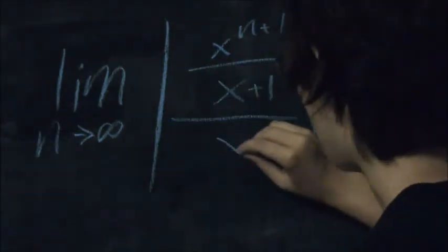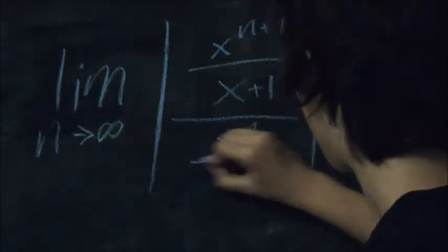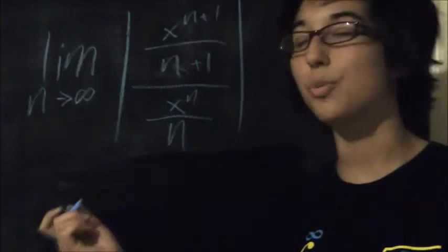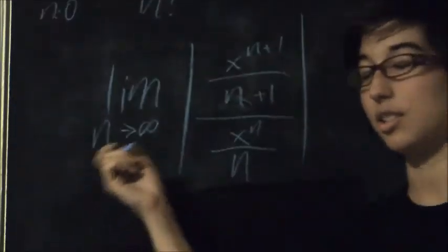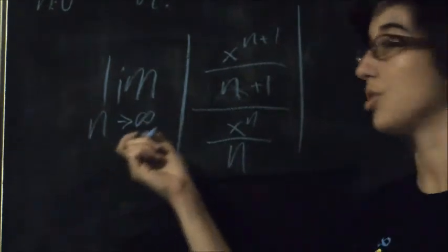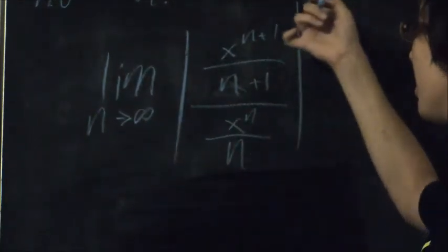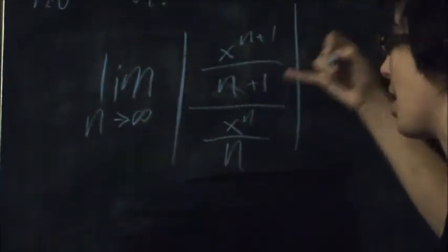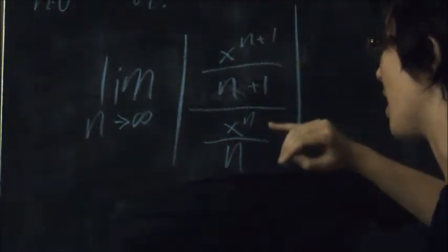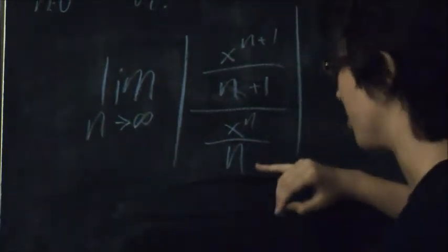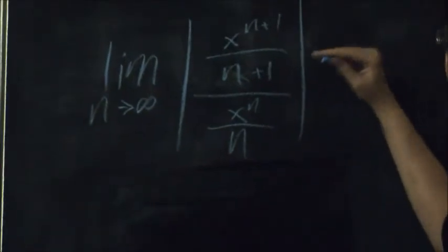So now we have the limit as n approaches infinity of a n plus 1 over a n. Alright, so putting it into the ratio test, it shows as a limit as n approaches infinity of x to the n plus 1 over n plus 1 over the x to the n over n. So that would be our a n plus 1 over a n.